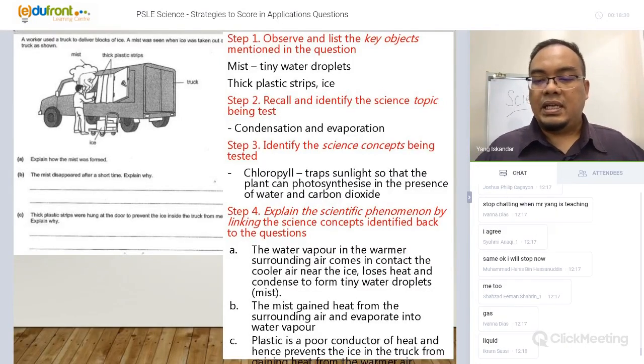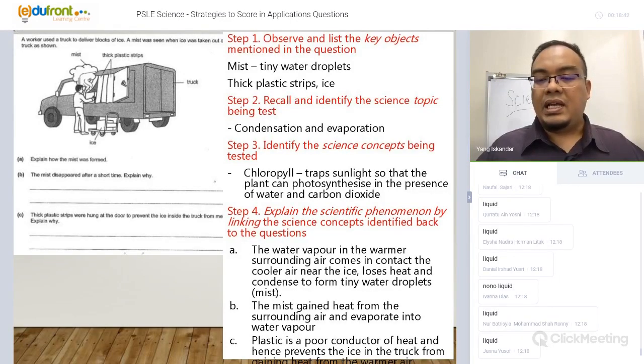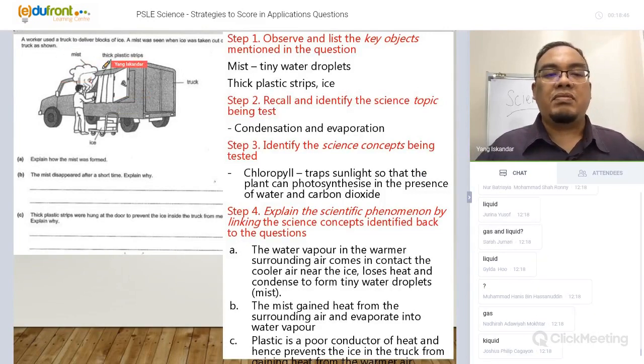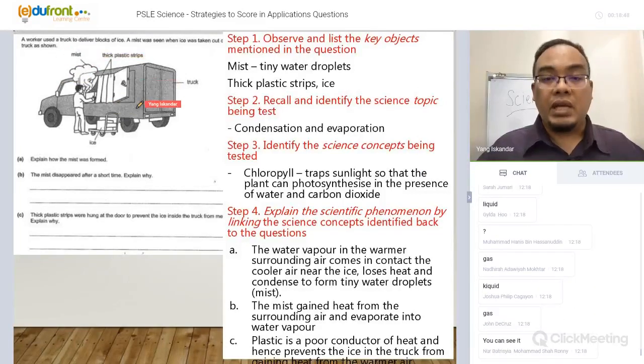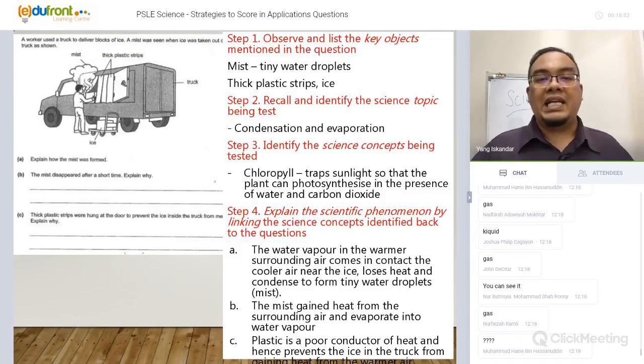Ivana says that mist is a gas. Ikram says it is a liquid. Ain says it's a liquid. Irshad says liquid. So this is a common misconception, because mist seems very cloudy and very smoky, so many students tend to think that mist is gas.